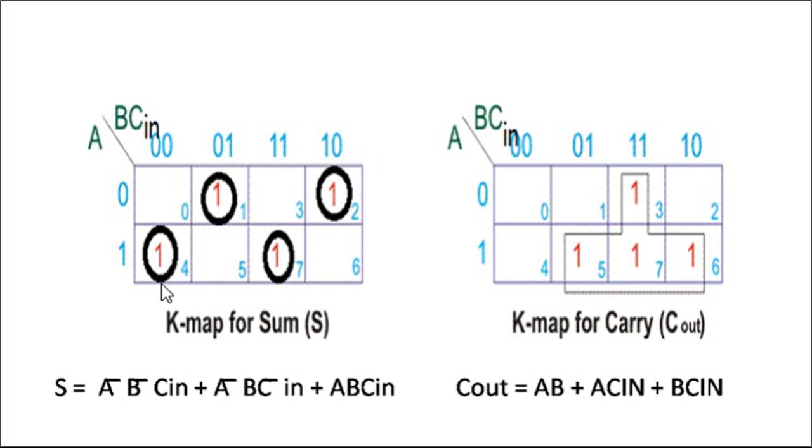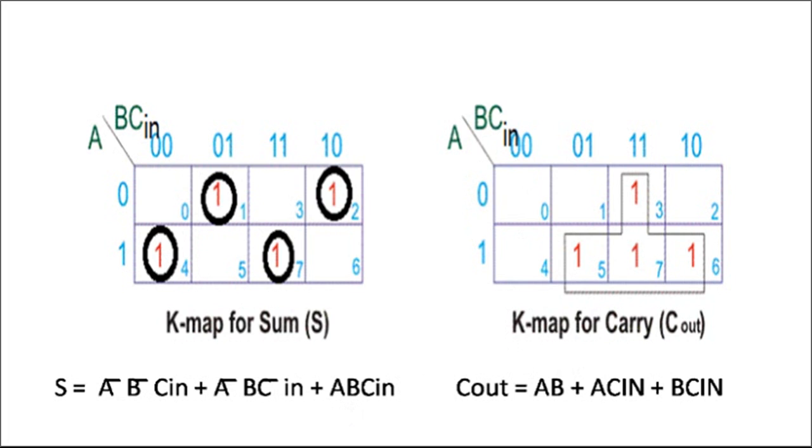For example, this one is related to A, so 1 means A, and both 0 means B bar Cin bar. So A, B bar Cin bar. Like this you can mark all 4 terms. After that we can find the common terms and we get this type of expression.